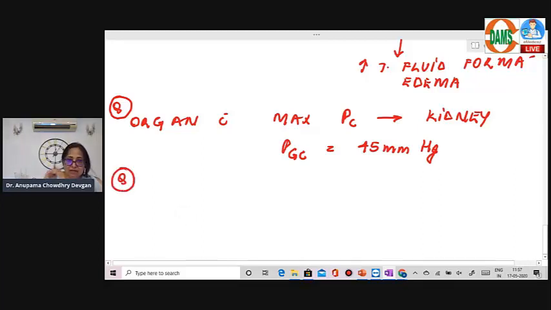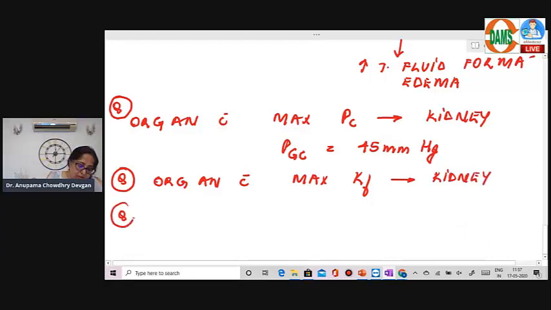Most capillaries is 35, but in glomerular capillaries, it is 45 millimeters of mercury. Then organ with maximum KF. KF is the ultrafiltration constant, which is permeability into surface area. This is also the kidney.